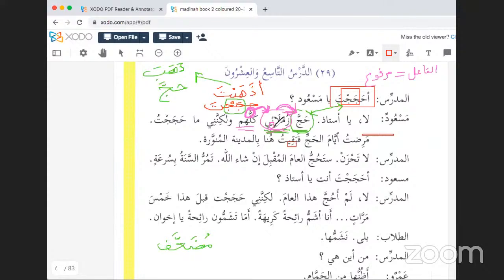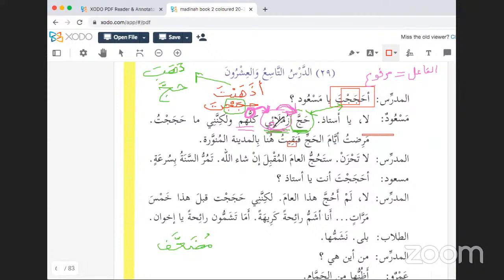Then he said, walakinnani ma hajajtu. Again, they're showing you here, hajajtu, the letters separate, the two jims separate.